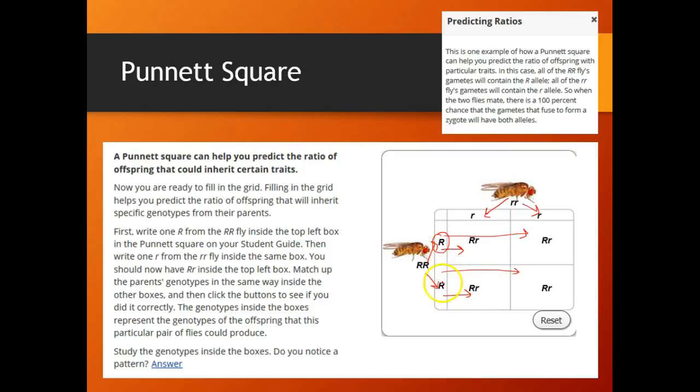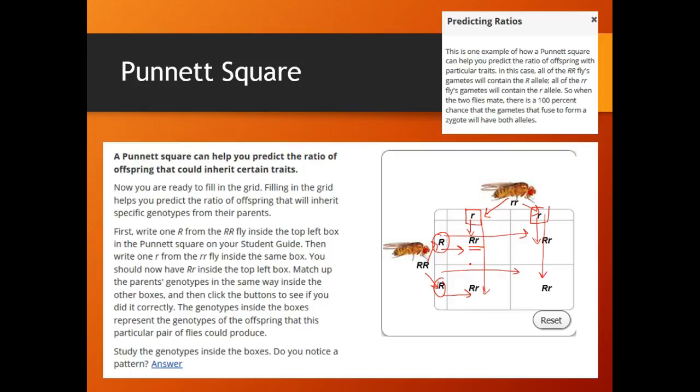Okay, so we'll take that big R and bring it one to this square, one to this square, this other big R, one to this square, and the other one to this square. And we'll do the same with the little r's. The only difference is that instead of going across, we're going to go down. So we have to make sure we do it to the top one and also the bottom, and the same thing here.